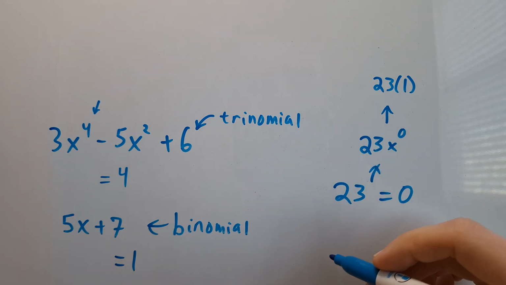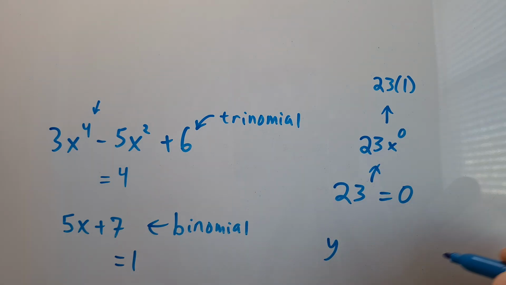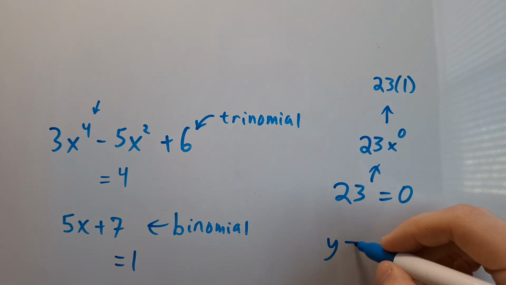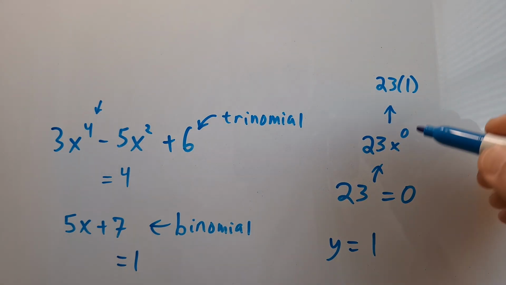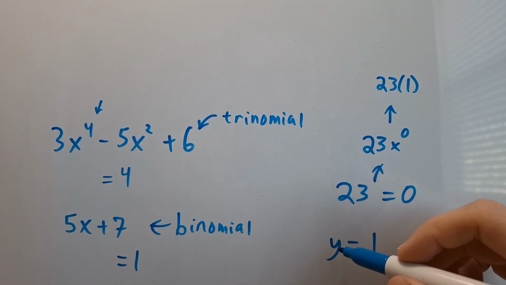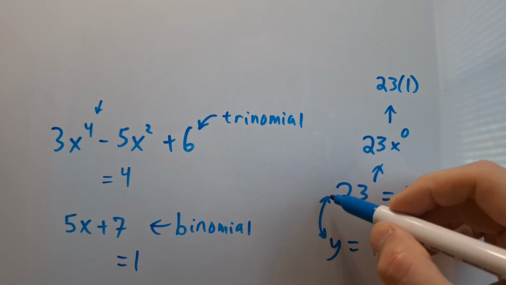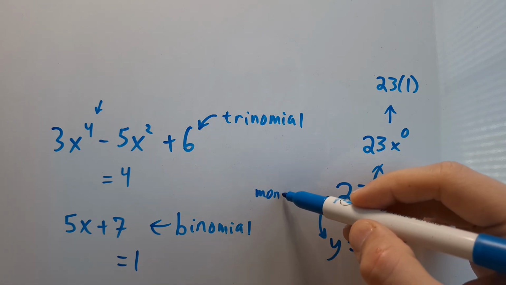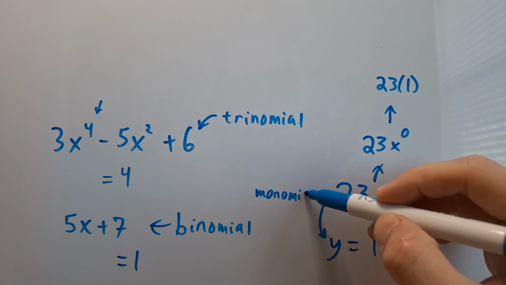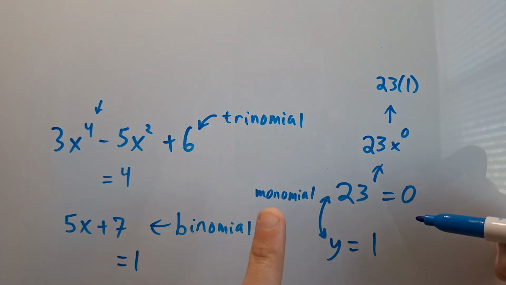If you have just a random variable like y, and it says what's the degree? The degree is 1. 23 and y, these are both examples of what are known as monomials, because they are polynomials written in one term.